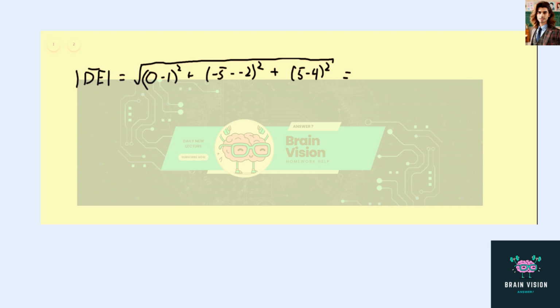All right, that would be 1. -5 plus 2 is -3, so that'd be plus 9 plus 1. That would be root 10.